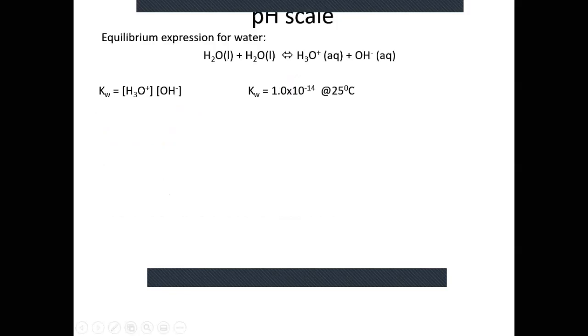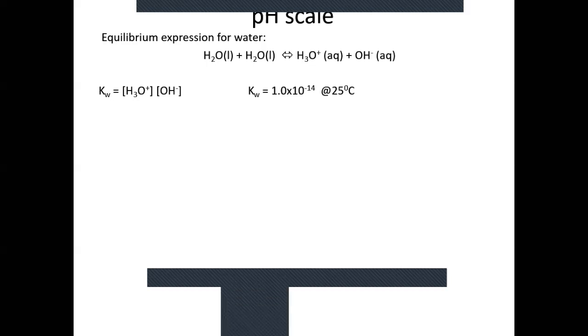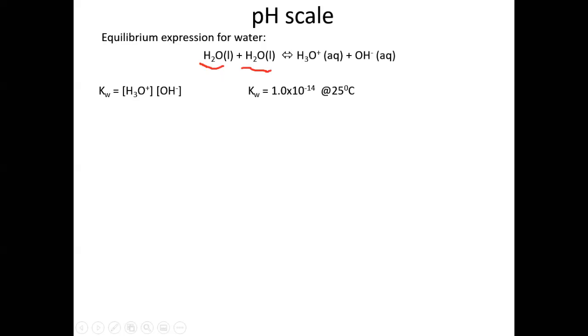So now we're going to talk more about how we scale whether a solution is acidic or basic. What we want to look at is the equilibrium expression of water. Here we have the equilibrium expression of the dissociation of water. We have 2 water molecules, we get hydronium ion and OH minus.